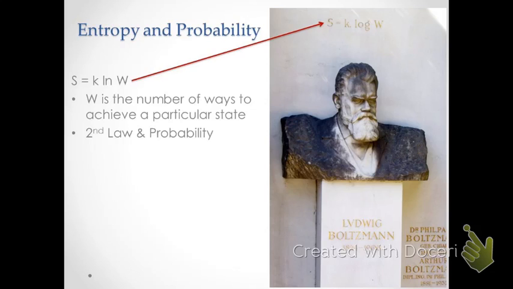It does not mean that it is impossible to go from a disordered state to an ordered state. It is possible. However, it is highly improbable, because there are far more ways, again, to achieve that disordered state. So while it is not impossible to go from disorder to order, it is highly unlikely and highly improbable.